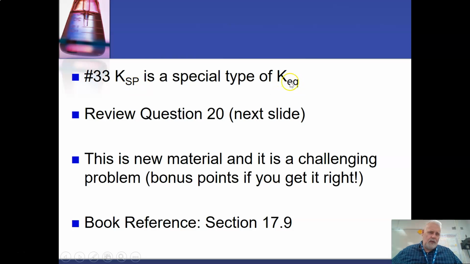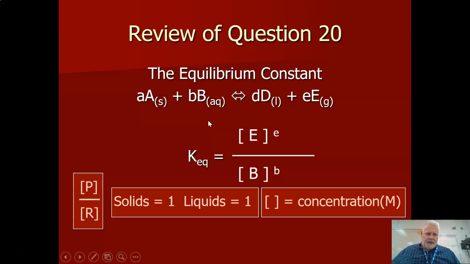We had this equilibrium constant that you watched a video on and went through 3 or 4 examples of how to set up, products on the top, reactants on the bottom. This Ksp is just a special variation of that called solubility product. Review the process for this.